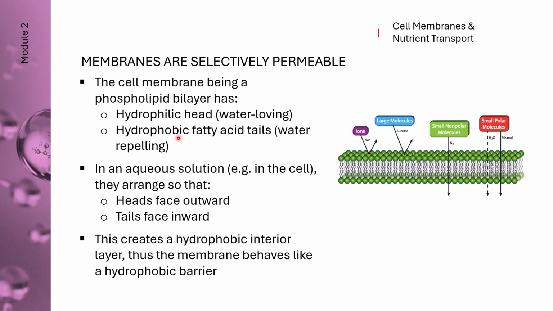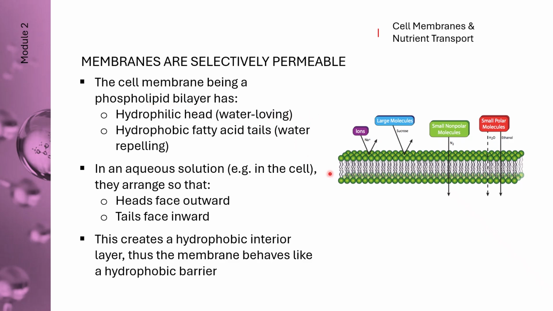In this slide, in the same idea that we have been communicating, we can see what are those physical structures that make the membrane selectively permeable. We already established in the previous slides the different components of the membrane. First we can see a hydrophilic head.